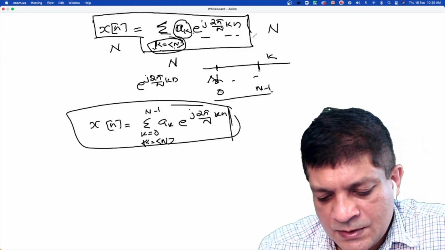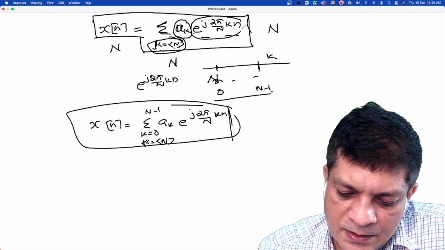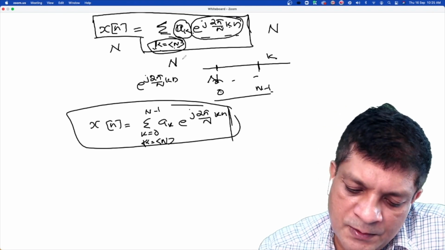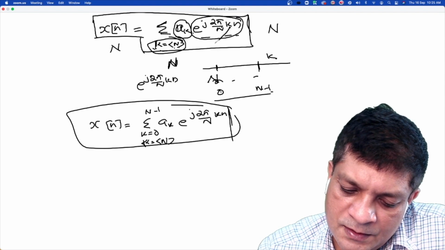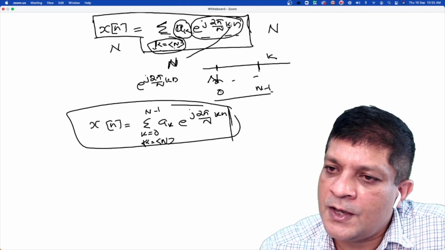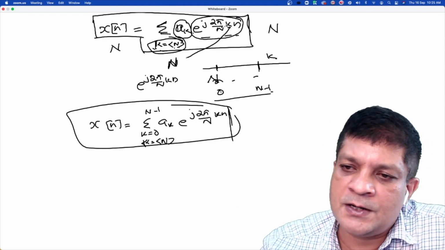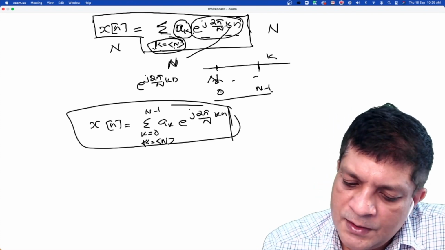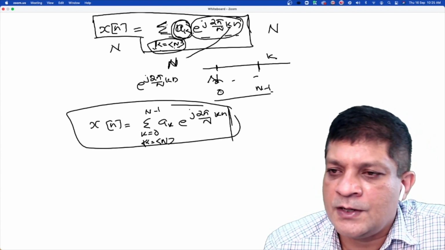Now the question is, these are periodic. Periodic means if you take N successive values of k, they are distinct, and then that pattern repeats. Does this imply any periodicity in a_k?